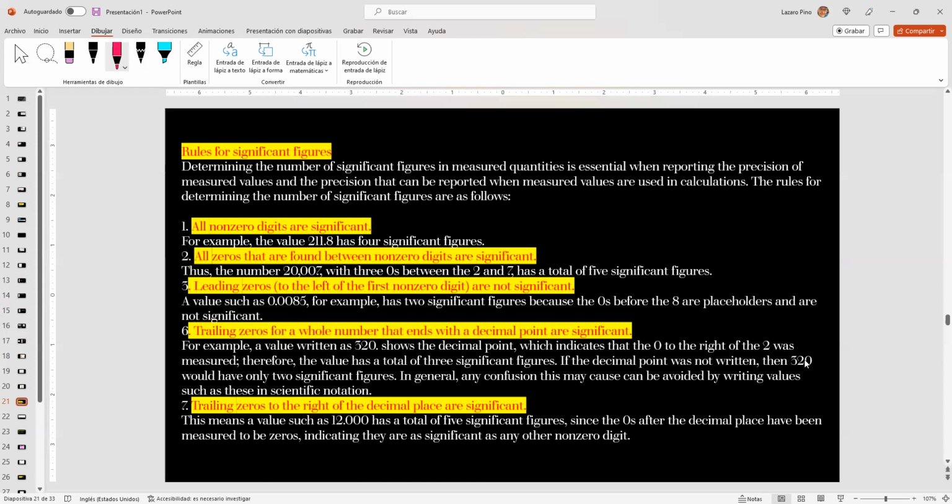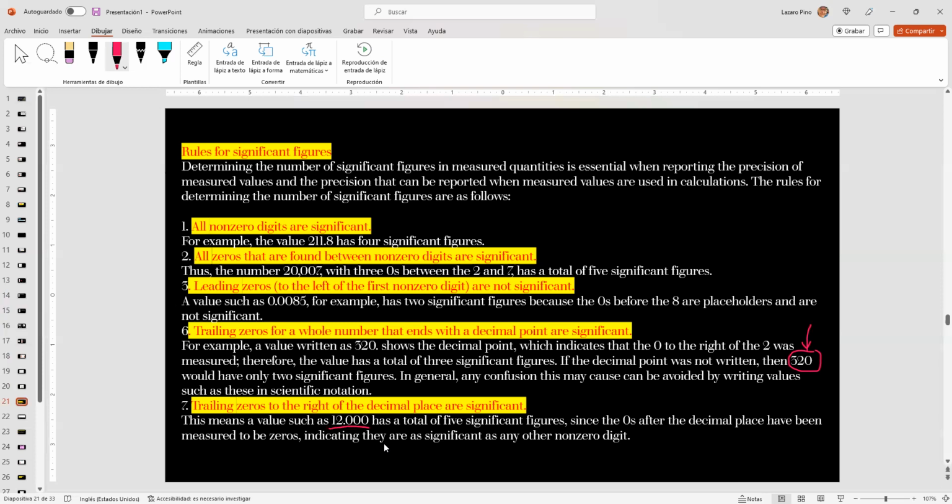Well, in this case, this number has only 1, 2, because this zero is not considered a significant figure since you don't have a decimal point. Trailing zeros to the right of the decimal place are also considered significant. So in this number, you have 5 significant figures.